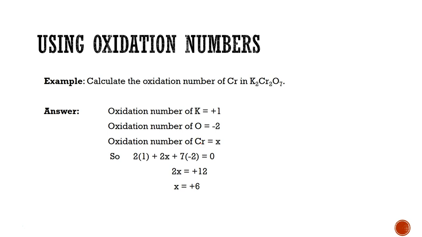So we can write a simple algebraic expression. We know it's all going to add up to equal 0 because the charge is 0. We'll have 2 lots of potassium, so 2 lots of 1, plus 2 lots of my unknown because of my subscript here, plus 7 lots of -2 is going to equal 0. So when we add all this up and work it out, we get 2x is equal to +12. So the oxidation number of chromium, or each chromium in this molecule, is +6.